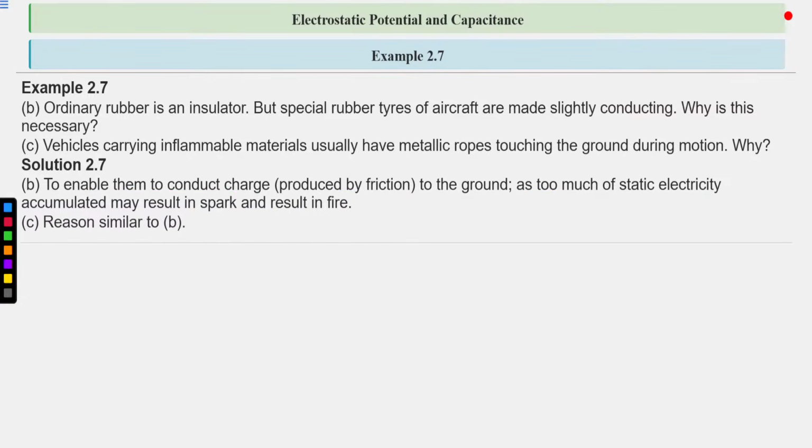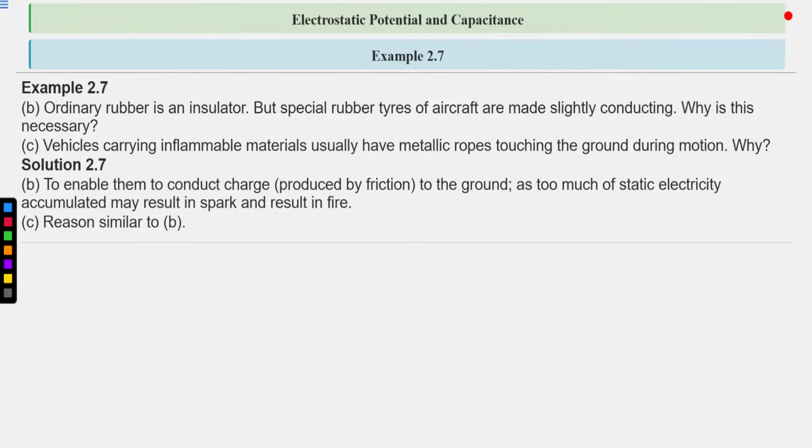And the reason for C is also the same. When there are inflammable materials in the vehicle, there are metallic ropes. Due to the movement of the vehicle and friction with the material inside, there will be static electricity generation. Due to static electricity, the inflammable material can catch fire due to spark.